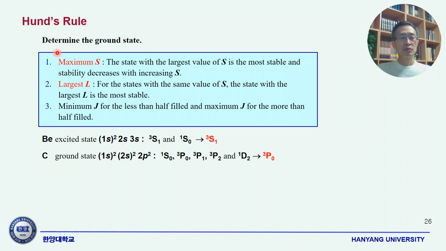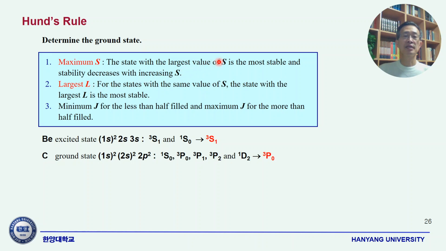So the first thing you check is the maximum multiplicity. The maximum S value gives the most stable, or lowest energy, state. So the first check is the highest multiplicity, and the second check is the largest L value.